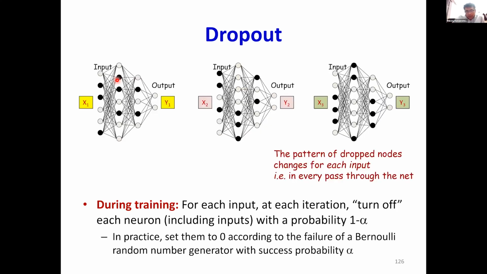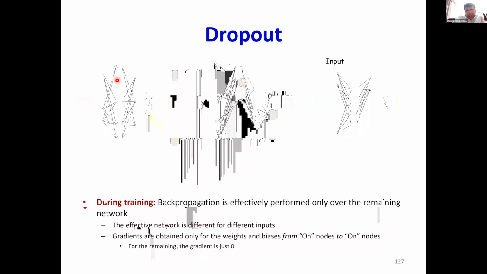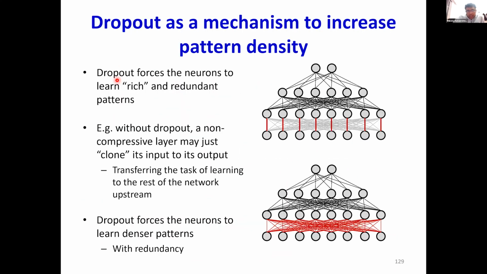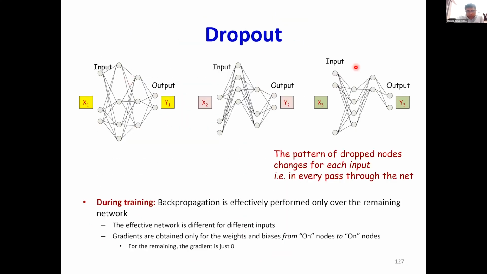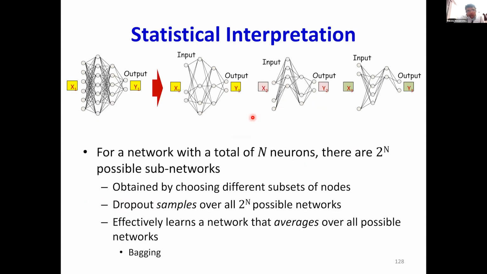And so there are 2 raised to n possible subnetworks obtained by choosing different subsets of nodes.